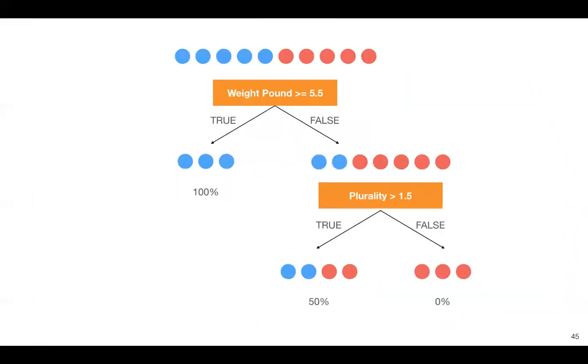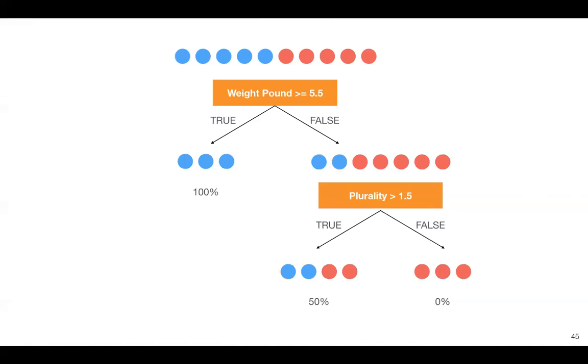So based on that, it creates a tree like this. The weight pound, for example, is a numerical column or variable. So it detects where it should create the line. For example, 5.5 is good, or 3.0 is great, or 6.0, trying to get a better Gini impurity score, and then it starts constructing the tree. And sometimes the tree can have similar conditions.